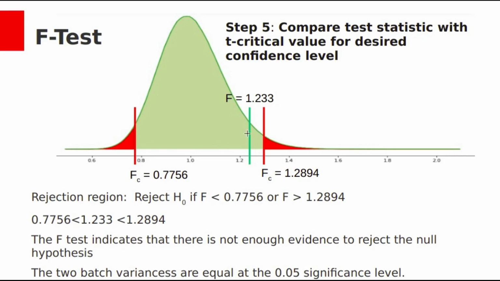We need to compare this F statistic with the F critical value. Here the F statistic is not within the rejection region, means the result is not significant, so we cannot reject the null hypothesis, means the two batch variances are equal at 0.05 significance level.